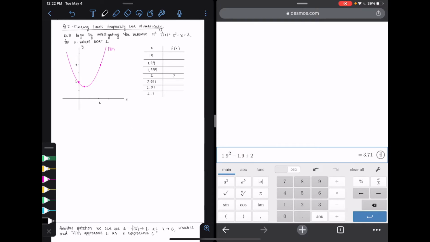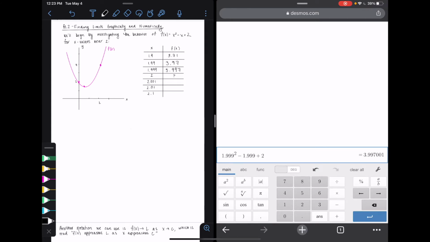And so I get 3.71. If I bump this up and add an extra 9, my output is around 3.97. If I plug in a number even closer to 2, it's 3.997.